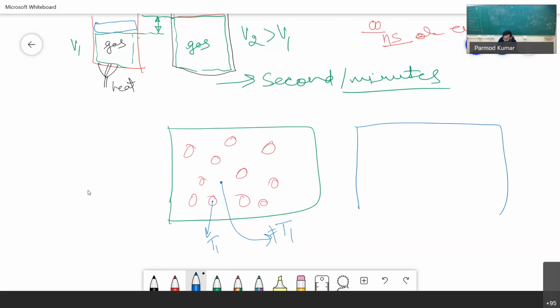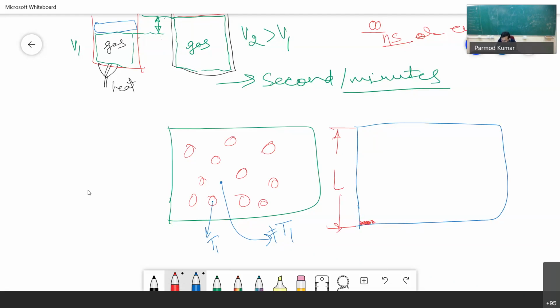But if we talk about continuum, we consider that though we are having molecules, they are very large in number, and the scale of this system is so large that inside that large scale we are having a large number of molecules.